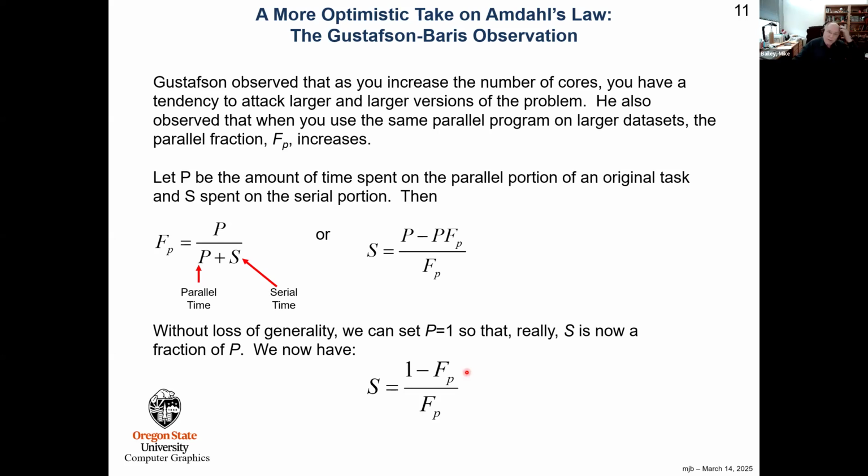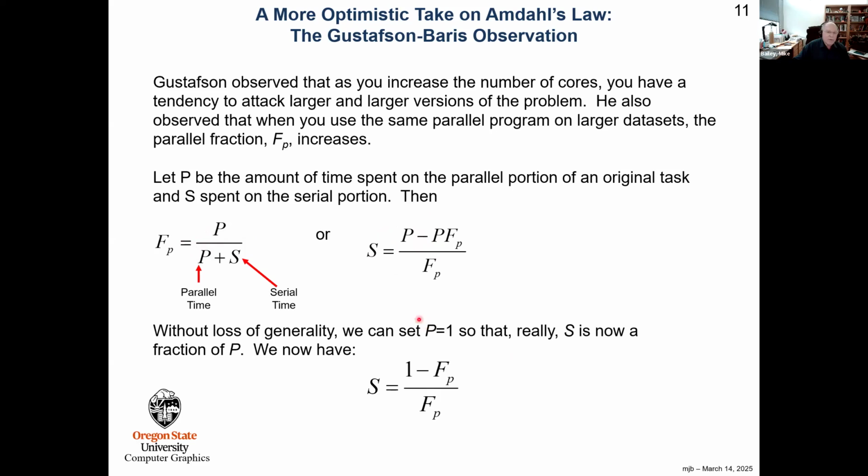So I was playing with this one day and I said, okay, let P be our amount of time spent doing parallel, and S is the sequential. And so the F parallel is the amount of time you do parallel divided by the sum of the two. Okay, which means the serial part of it is going to be this.